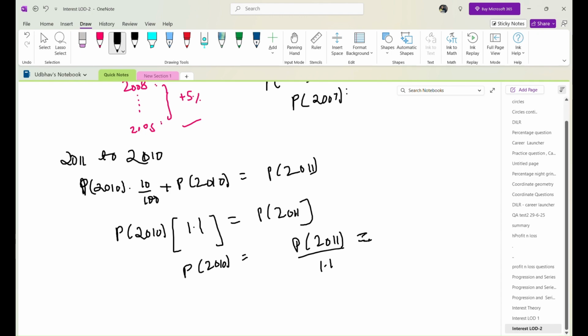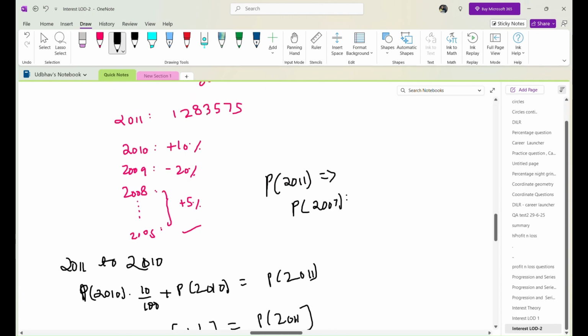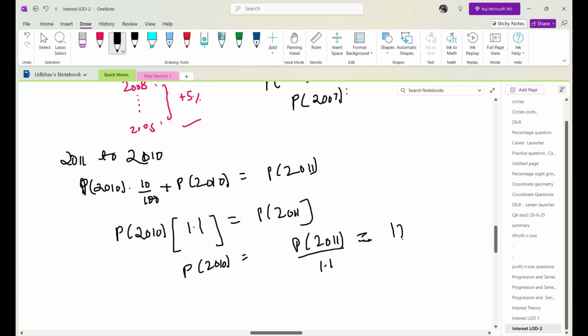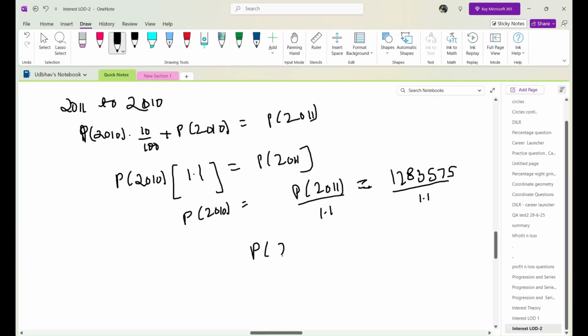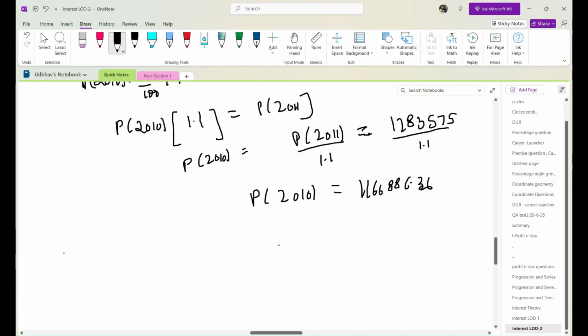So we can find this number, 1283575, whatever, divided by 1.1. So population in 2010 comes out to be 1166886.36.